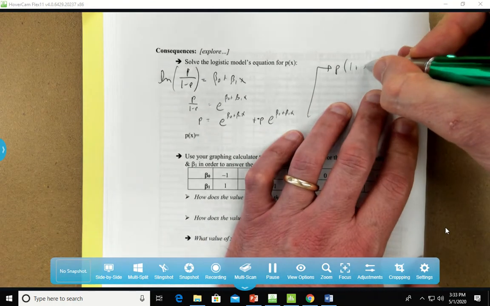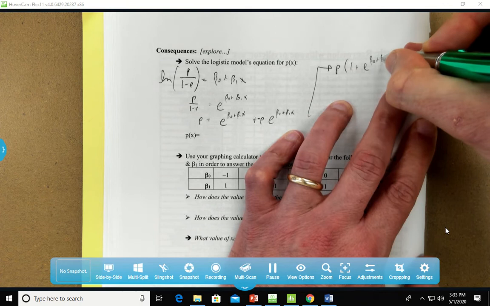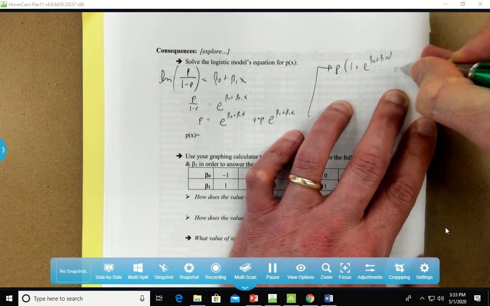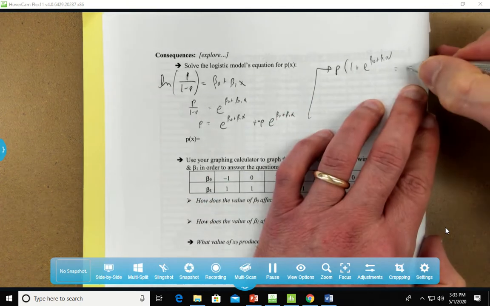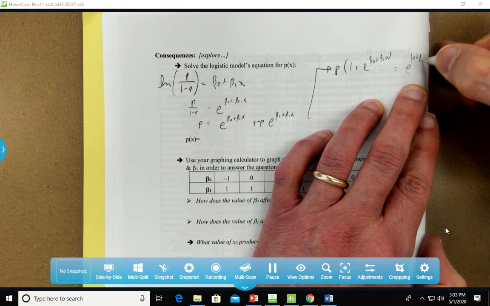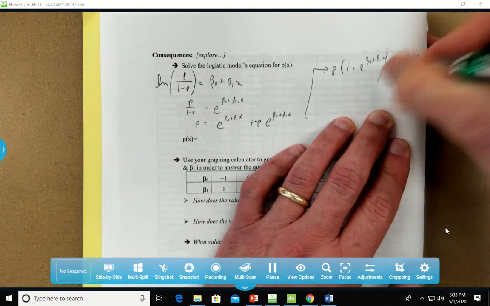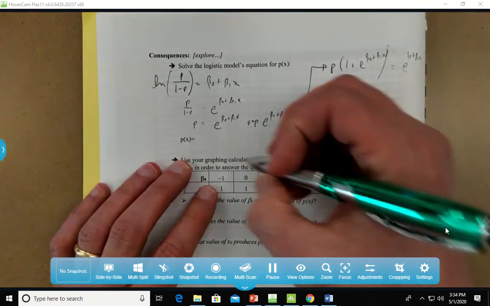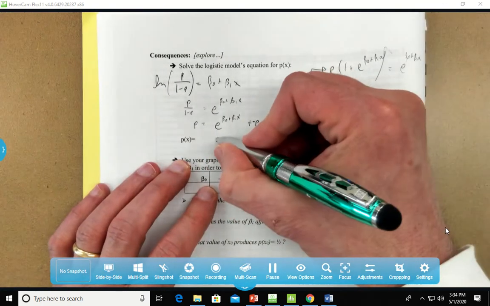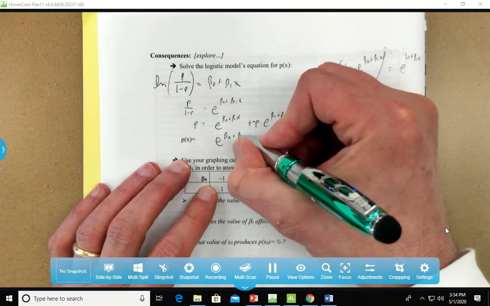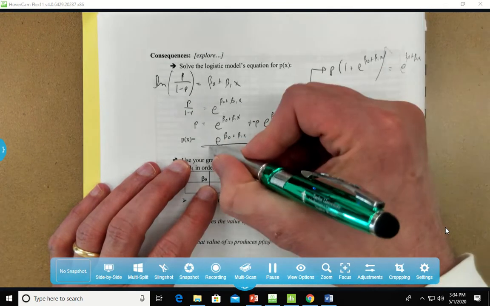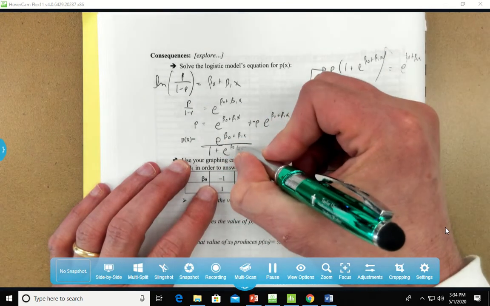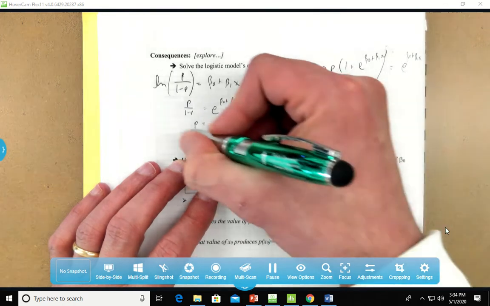So p times 1 plus e to the beta naught plus beta 1 x is equal to e to the beta naught plus beta 1 x, and solving for p, p of x is equal to e to the beta naught plus beta 1 x divided by 1 plus e to the beta naught plus beta 1 x.